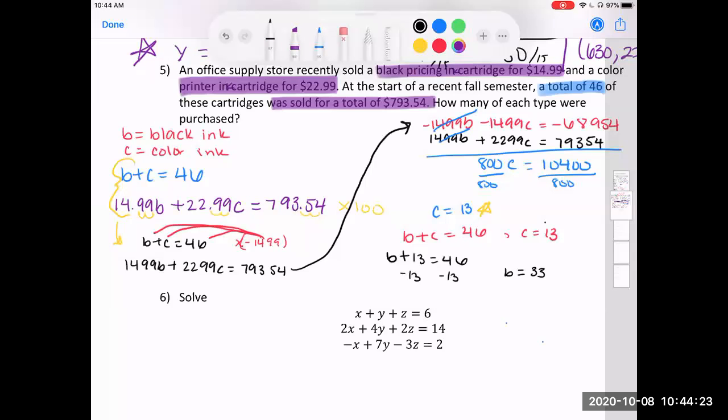So our answer is we sold 33 black ink cartridges and 13 colored ink cartridges. That's our answer.